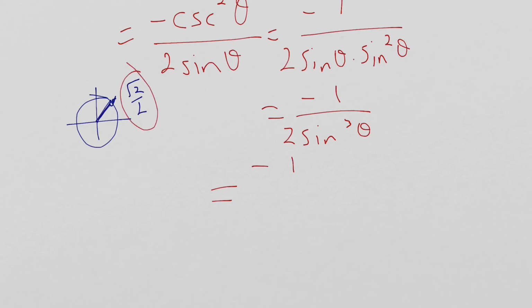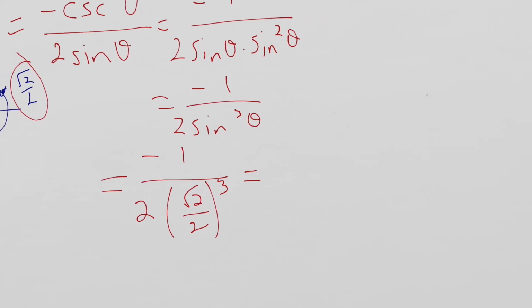So I get negative 1 over 2, open parentheses, root 2 over 2 cubed. That looks pretty terrible, I'm not going to lie. If this was a FRQ, we could stop. If it was a multiple choice question, I have to keep going. I'm going to treat it like it's a multiple choice question because this is the kind of thing that the AP would ask.